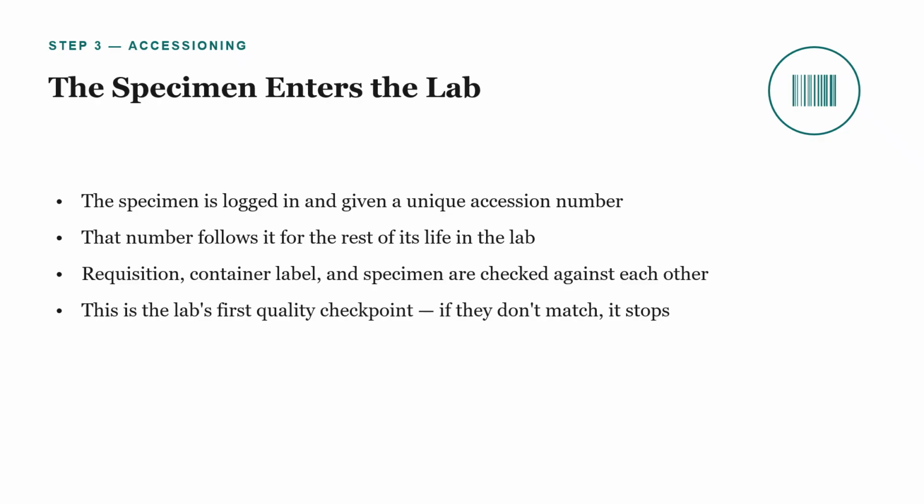You'll hear me call this the three-way match next week, and it's one of the most important safety habits in the entire lab. For now, place accessioning in your mental pipeline. It's the gateway where the specimen officially enters the lab and gets its permanent identity.